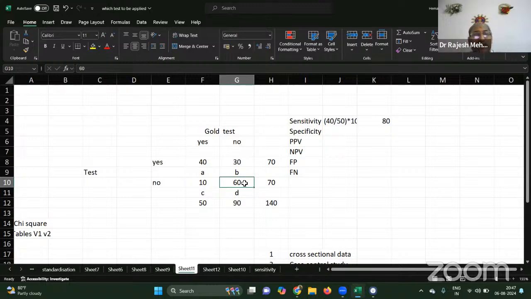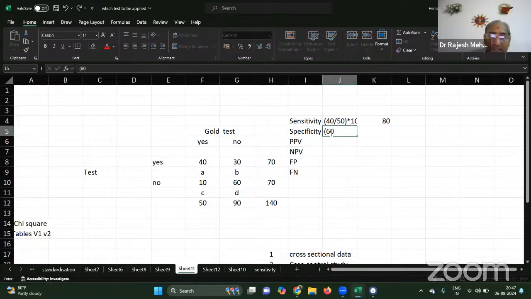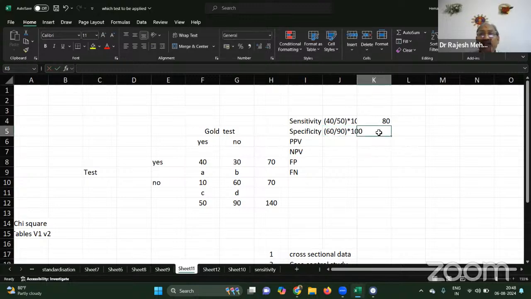So out of 90, this test could detect 60 as no. So 60 out of 90 it could detect: yes, you are not having the disease. Divide and multiply by 100, that is the percentage of specificity. This will be something around 6 upon 9, 2 by 3, roughly 66%. So specificity is 66%.